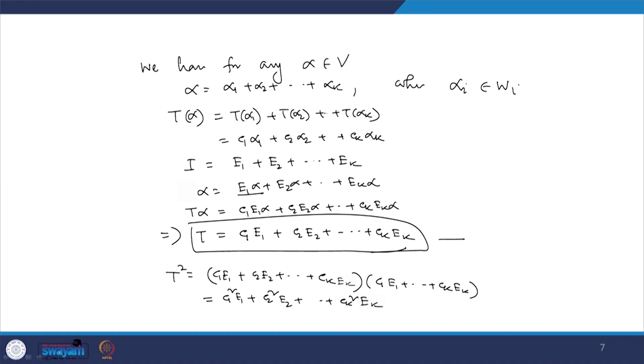So, based on that principle, I can write down the operator T square equal to C1 square E1 plus C2 square E2 plus Ck square Ek. So, in general T to the power r will be C1 power r E1 plus Ck power r Ek.